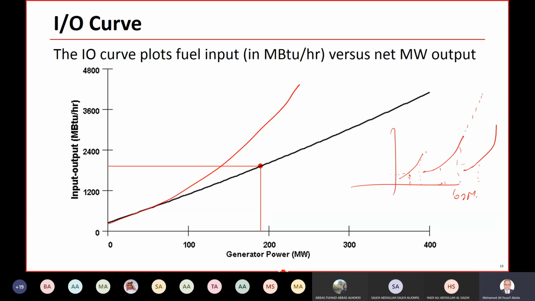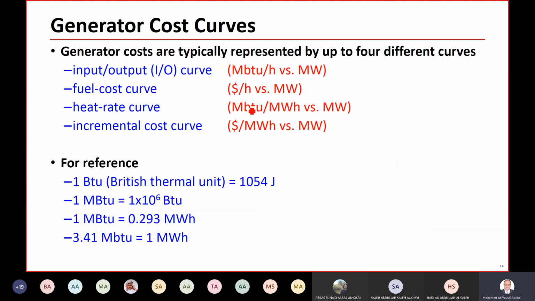Ryan Adib? Yes, Doctor. How to differentiate the input-output from the heat rate curve? The heat rate is MBTU over megawatt hour, and you divide here by the power, megawatt.